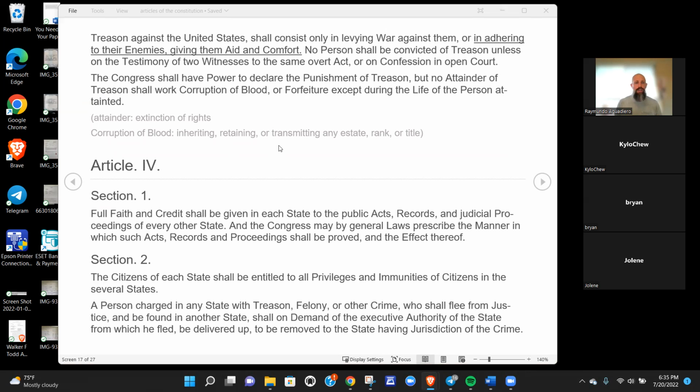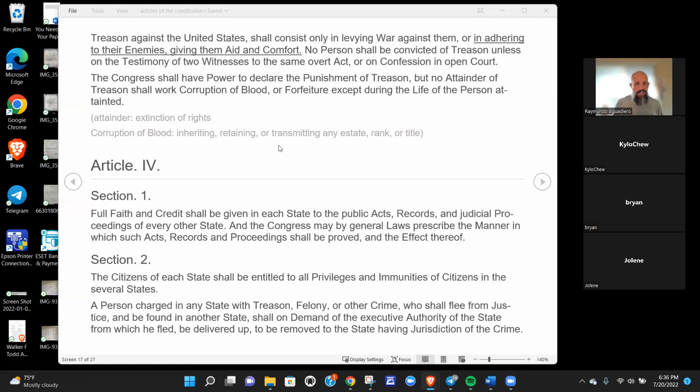Article 4, Section 1. Full faith and credit shall be given in each state to the public acts, records, and judicial proceedings of every other state. And the Congress may by general laws prescribe the manner in which such acts, records, and proceedings shall be proved and the effect thereof. So public acts and records must be treated fairly and given the same credit among all the states.